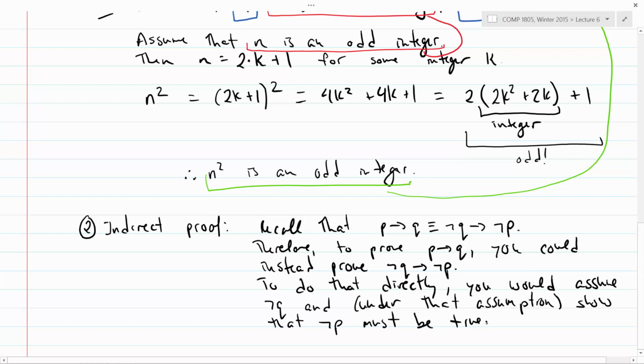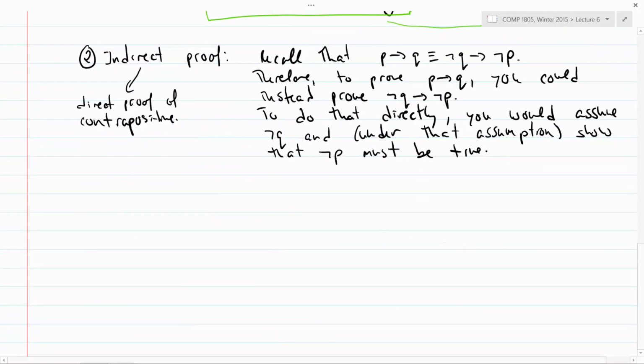And when you do a direct proof on the contrapositive, that's called an indirect proof. So these are very similar techniques. So let's see an example of that.